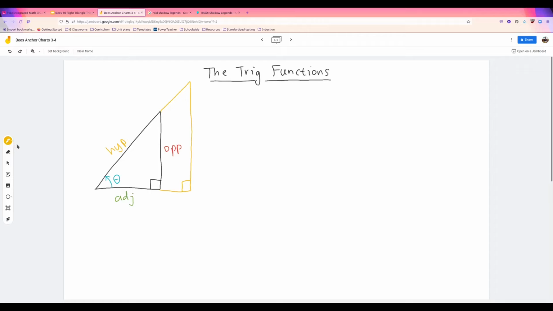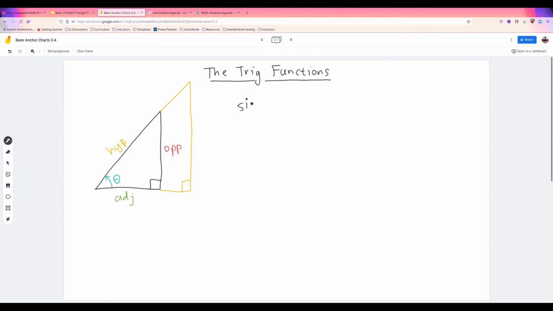And so that means that you get this nice property where the ratios of the sides don't depend on how long the right triangle's legs or hypotenuse are. They just depend on the angle. We'll see what that means in a bit.